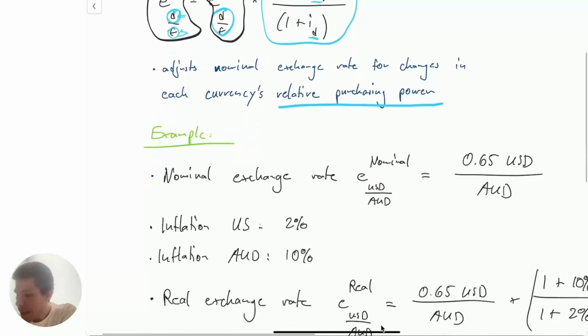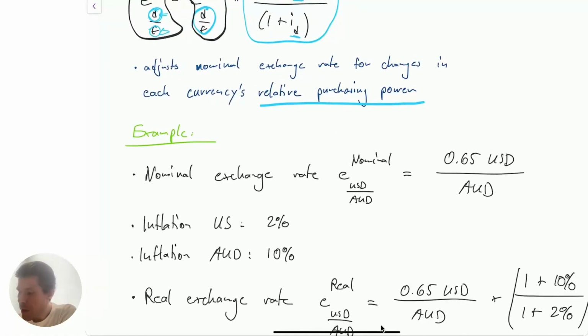Let's do an example. Let's assume the nominal exchange rate between US dollar and AUD is 0.65 US dollar per AUD. You could go to the bank or in foreign exchange markets, and you could trade 1 Australian dollar in exchange for 0.65 US dollar. This is the exchange rate. You can exchange US dollar for AUD and vice versa at this rate.